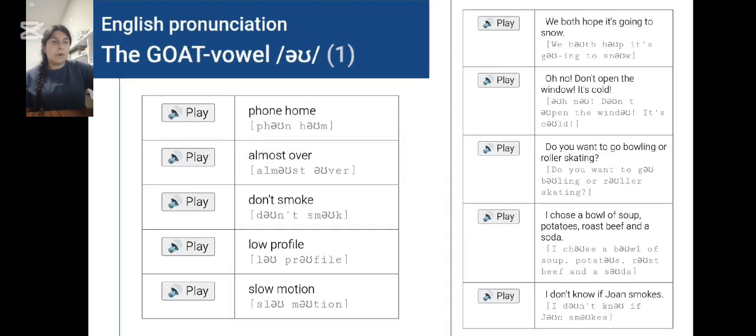Then some goat vowels: phone, home, almost over, don't smoke, slow motion. Now we can see that even if the vowels are written in one way, we sometimes, mostly, read them in another way.